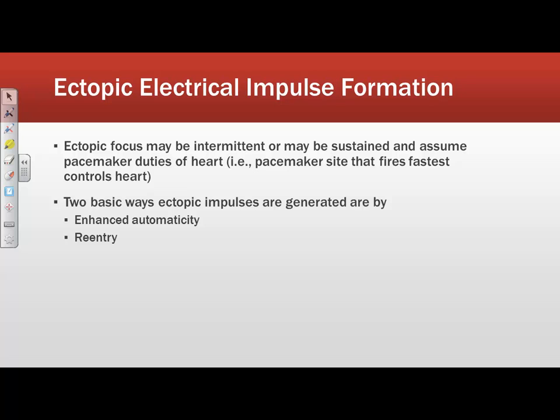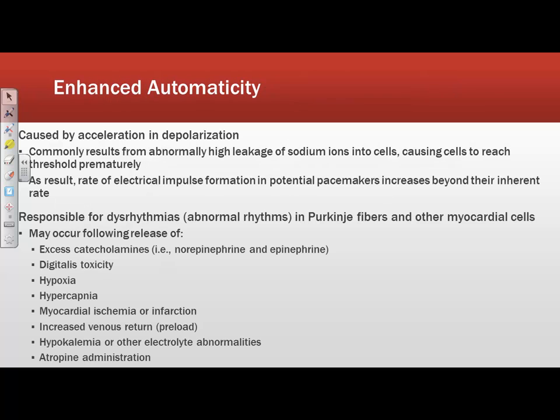But if you do, that would be the term we would use, okay? So enhanced automaticity. Essentially what this is, from an outside influence, you've got an acceleration in depolarization. All right? So that's going to cause the sodium to go in really quickly, potassium to start leaking out, and the calcium to come in really quickly. Okay?